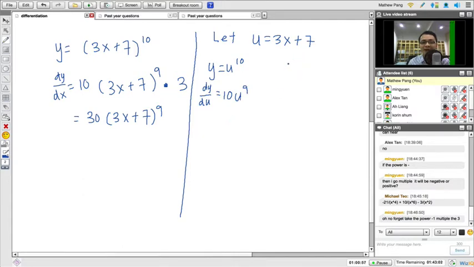And then here I have to differentiate the u. Why I need to differentiate u, I'm going to explain when I explain the chain rule. Alright, so u is what? 3x plus 7. So if I differentiate u towards x, here we'll call du dx, because I differentiate u towards x over here. So I will get 3.